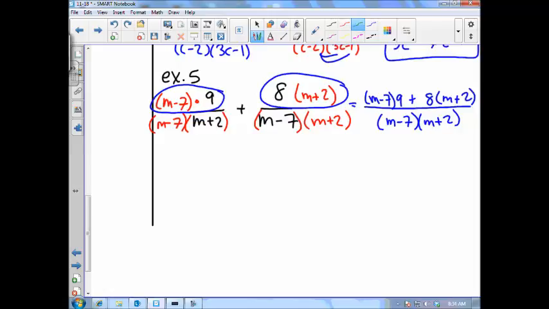Okay, what would we do now? Good. Does the 9 get distributed to m plus 2? No. Good. So this 9 only goes to those 2, and then we'll do the same with the 8, right? That goes to those 2. Okay, so when we distribute the 9 in, what do we get?